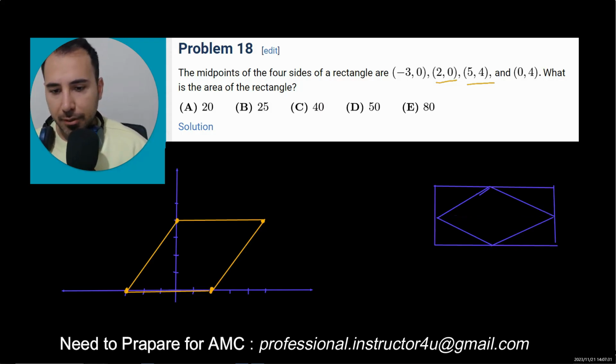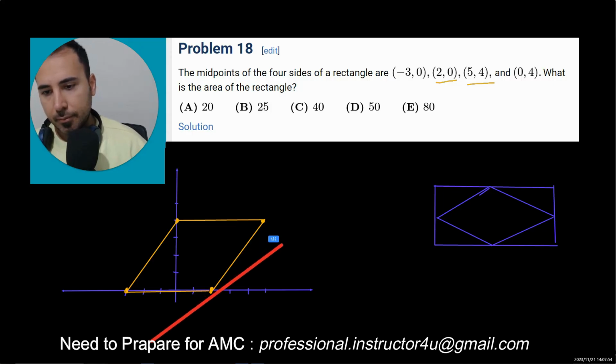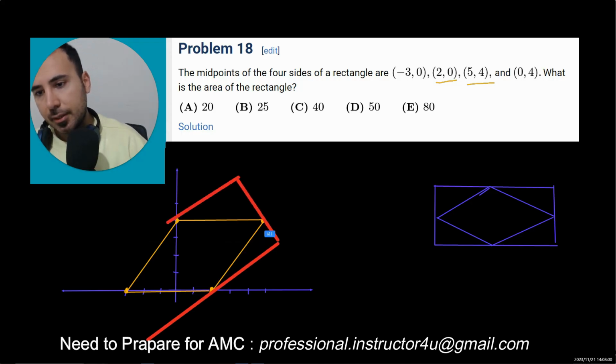So in case you wonder what the rectangle looks like, I'm just gonna draw it, but we're not gonna use it, okay? Because it's gonna be the same shape, this will be the rectangle. Let me just make this larger. Okay, we're gonna go something like this, and then like this, and like this, okay?